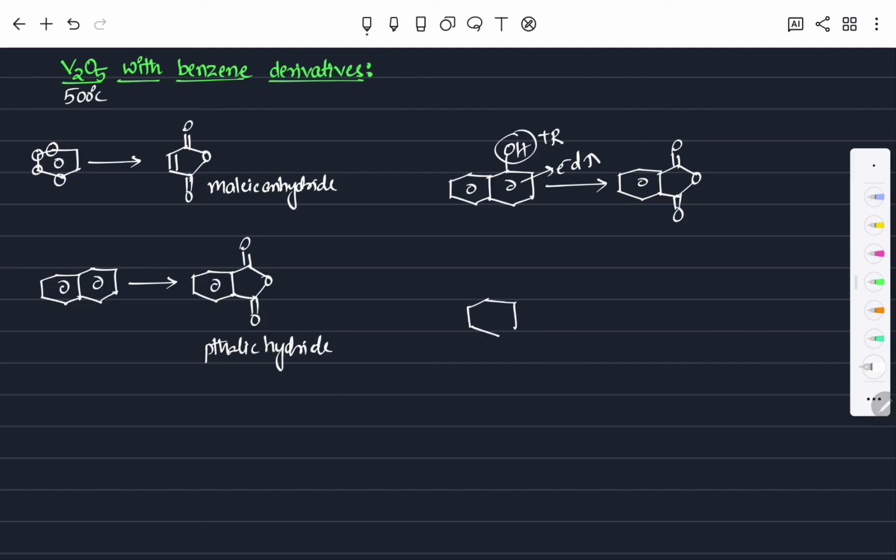For example, with a benzene bearing an NO2 group, the electron density is less because of the minus R effect of NO2. Therefore, the NO2-connected benzene is unaffected and the remaining benzene will be oxidized to the corresponding anhydride form.